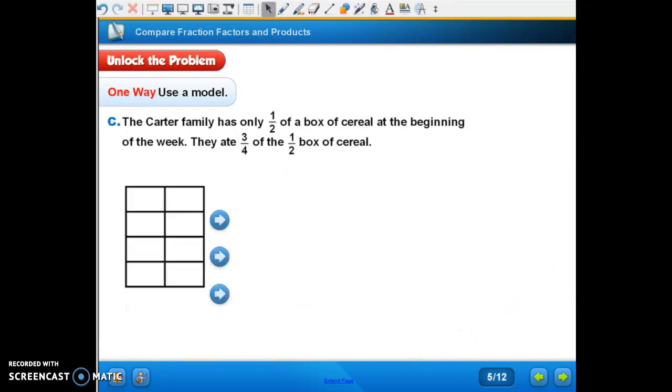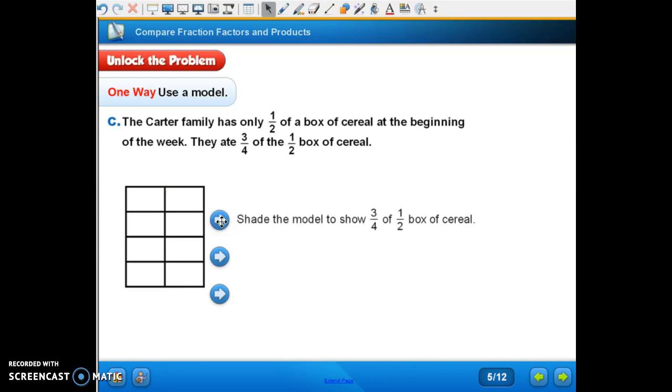And letter C down at the bottom, one way to use the model. The Carter family has only 1/2 of a box of cereal at the beginning of the week. They ate 3/4 of the 1/2 box of cereal.